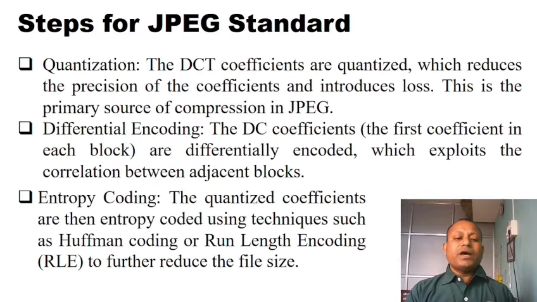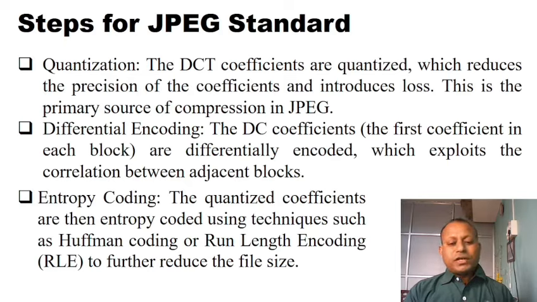On top of the DCT, there is a quantization technique. The DCT coefficients are quantized, which reduces the precision of the coefficients and introduces loss. This is the primary source of compression in JPEG.